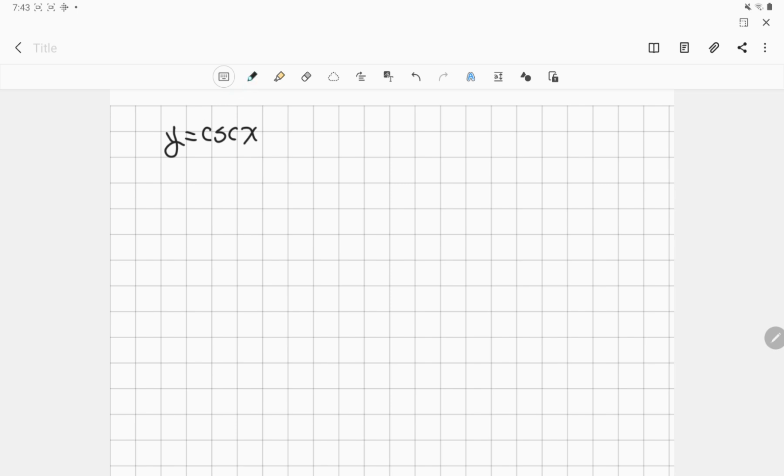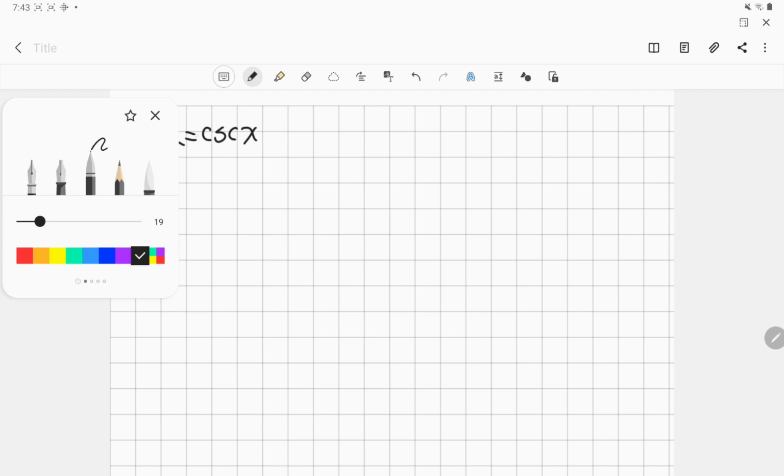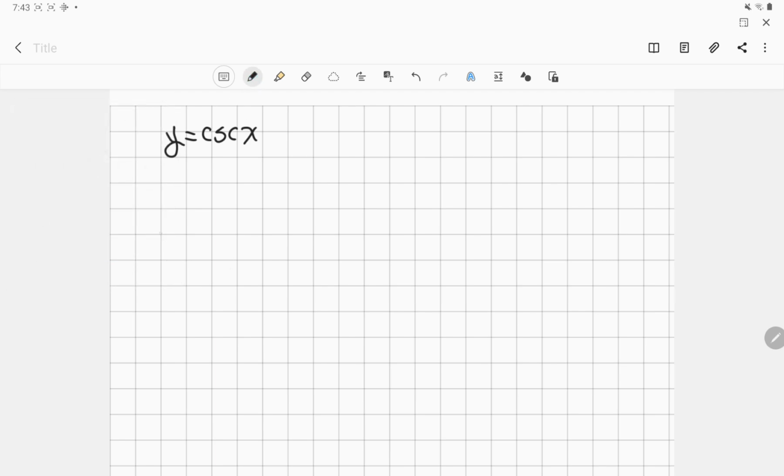So in order to graph cosecant x, first we have to graph y is equal to sine x. With graph paper I can be very accurate.